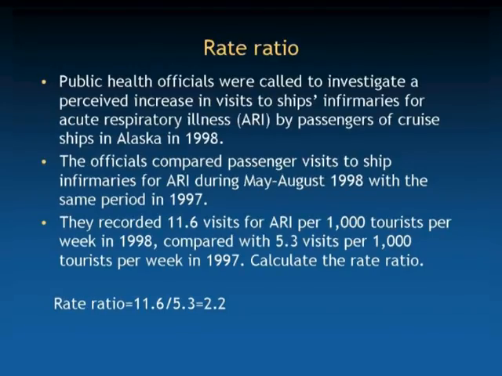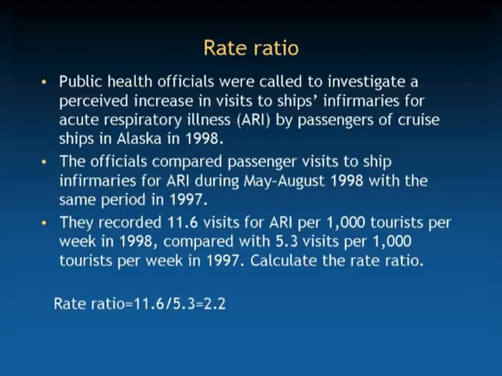See, public health officials were called to investigate a presumed increase in visits to ships' infirmaries for ARI by passengers of cruise ships in Alaska in 1998. The officials compared passenger visits to ship hospital for ARI between May and August 1998 with those of ARI figures in 1997.